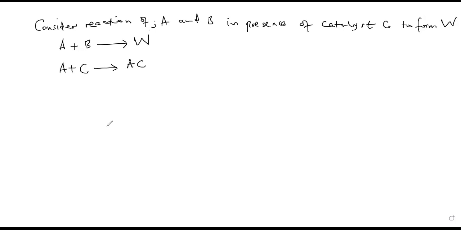Then that intermediate SC reacts with the other reactant that had been left to regenerate the catalyst. So you are going to form the product W and reform the catalyst C, because A plus B gives W. So that is how these ones work.